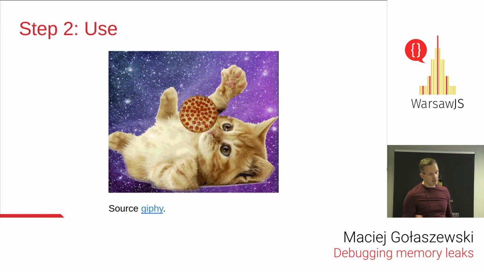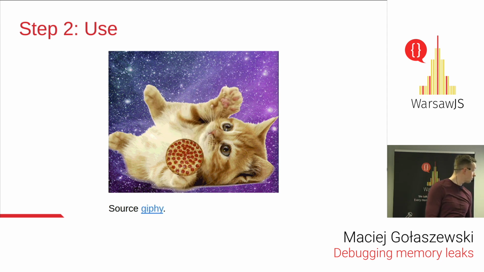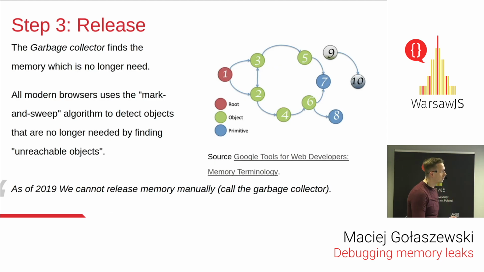The next step is just using the memory, so everything your application has to do with your objects. And after that, when you no longer need the object that you created, the memory is released. The important thing here is how and when this process happens.